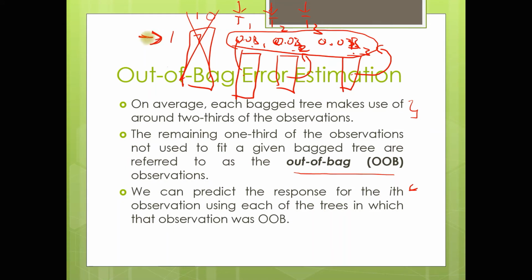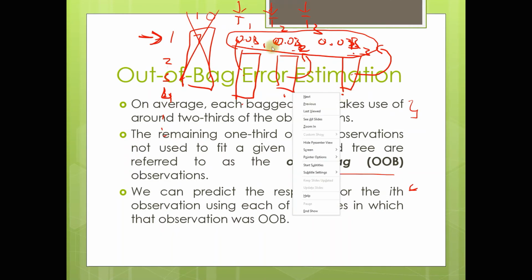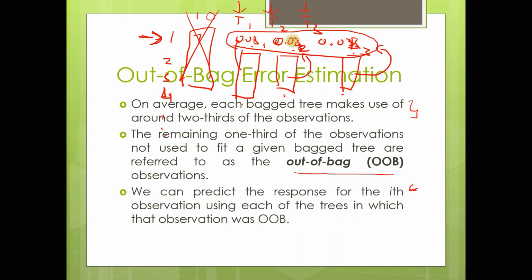So if you look at this particular observation, let's suppose it has not been used for the training in 3 trees. Other observations have been used for the training, but this one has not been used, so it becomes an out of bag observation for that particular tree that was built there.